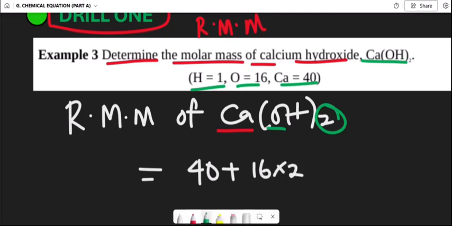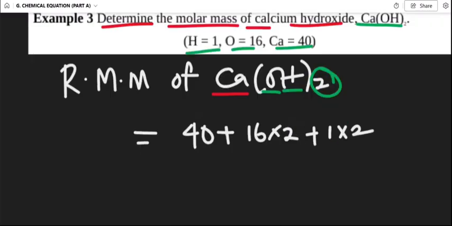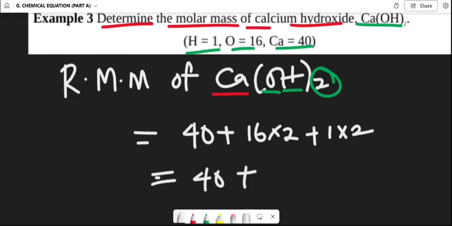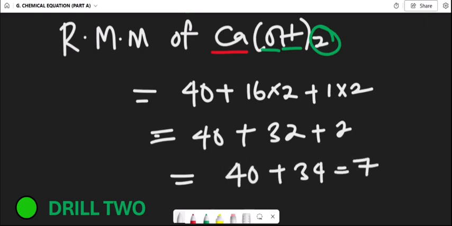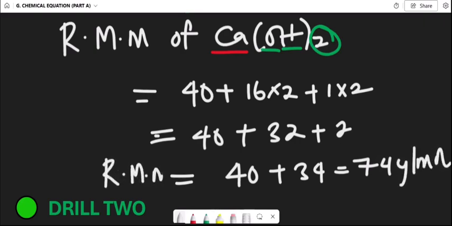The next one is hydrogen. Hydrogen is known as 1, so 1 times 2. So we have 40 plus 16 times 2, which is 32, then 1 times 2 is 2. Summing this up, that's 40 plus 34, and that gives us 74 grams per mole. The relative molecular mass of calcium hydroxide is 74 grams per mole.